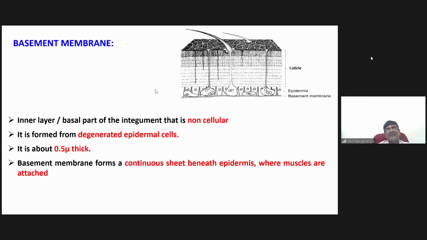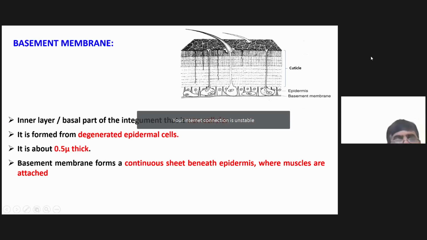So first we'll take up the basement membrane. It is the innermost layer or basal part of the integument, and it is always a non-cellular layer. And how exactly is this basement membrane formed?